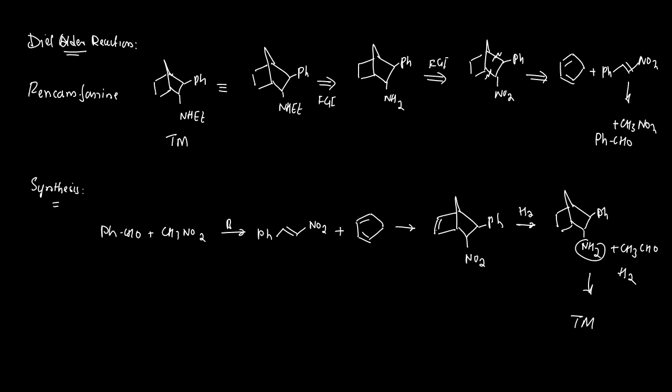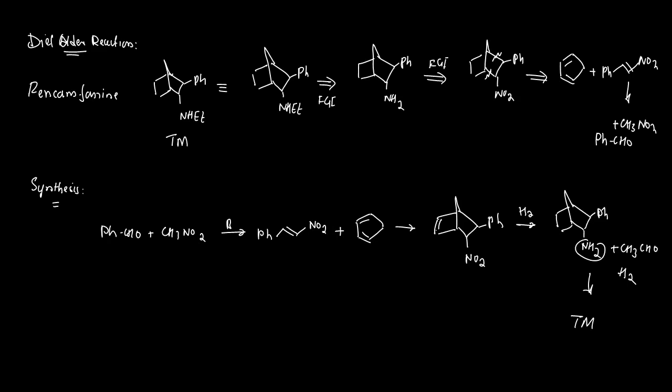Besides the Diels-Alder reaction, we can also utilize nitro compounds in Michael addition as well. We can also transform a nitro functionality into a carbonyl functionality because we can use titanium trichloride for transforming the NO2 group into a carbonyl functionality.